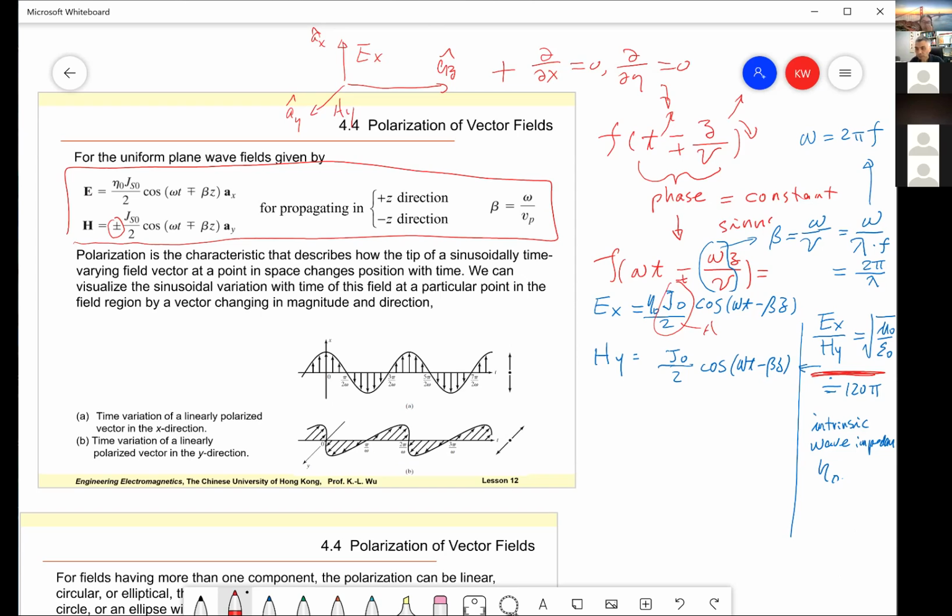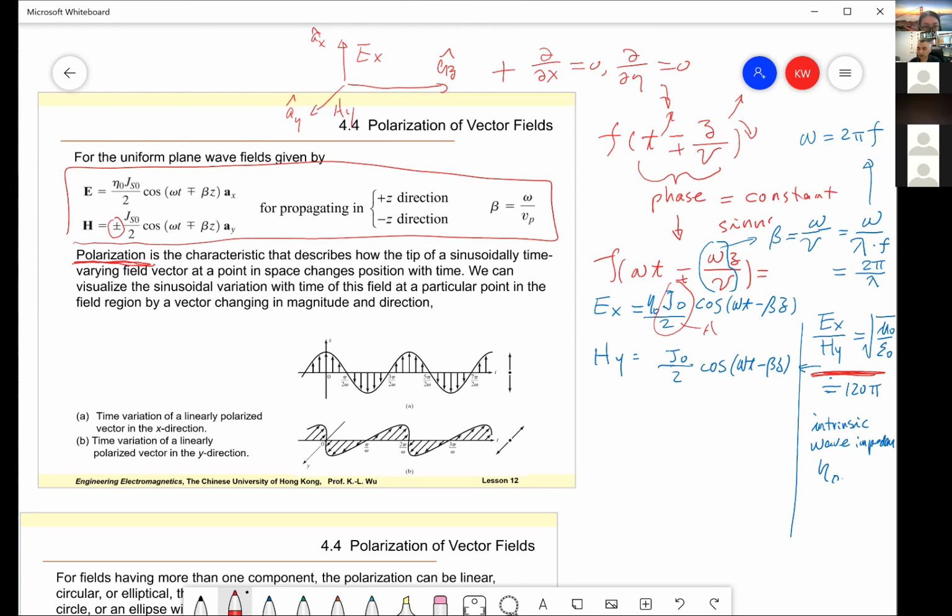Now, let's go back to revise an important concept we call polarization. Because the electromagnetic field is a vector, when we call it a vector, we have to deal with the term polarization.